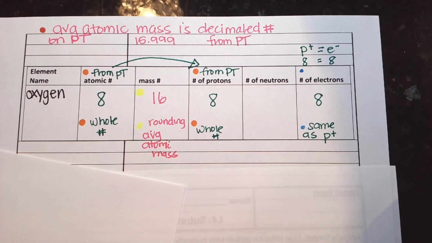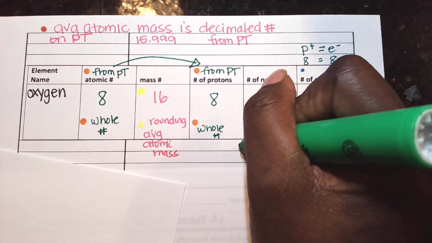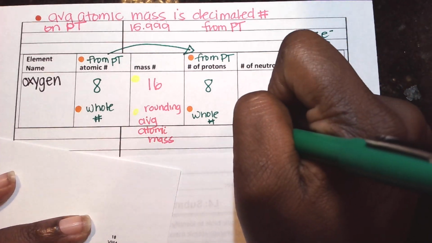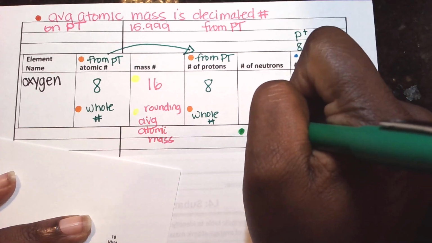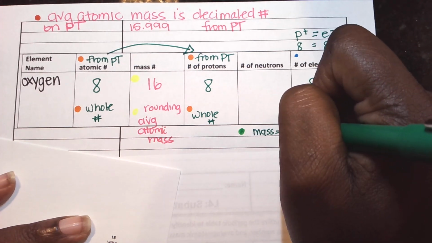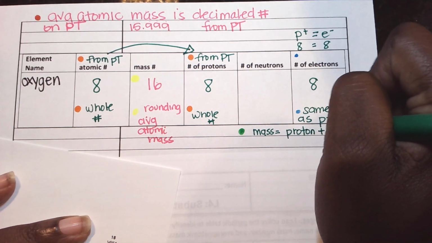Well, now we have the number of neutrons. It turns out that the mass number is equal to protons plus neutrons.